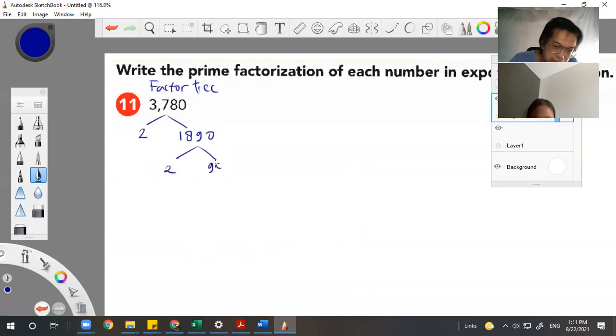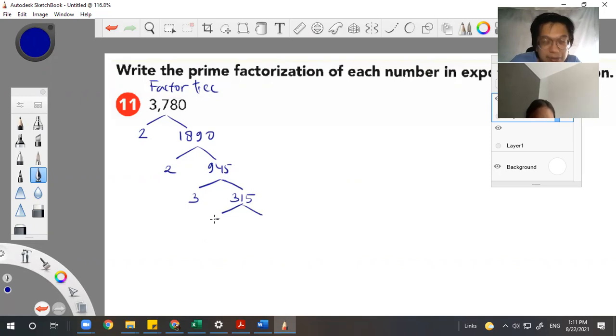945. Okay, can you divide this by 2? I don't think so because this is odd number. So you just try to divide by 3. 3 can, I think. But I don't have the exact answer. I don't bring my calculator. 315. Okay, that's right.